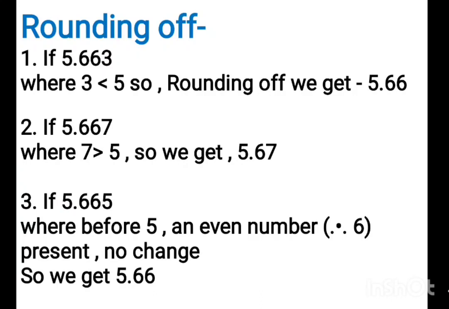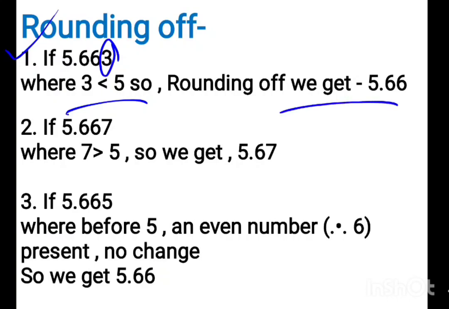Suppose there must be 4 cases I discussed. In the first case, suppose given 5.663, that last digit 3 is less than 5 obviously. So when we round off up to 2 decimals, we get the number as 5.66.